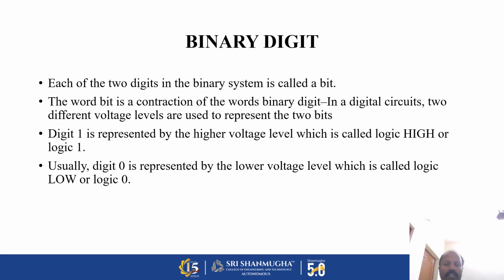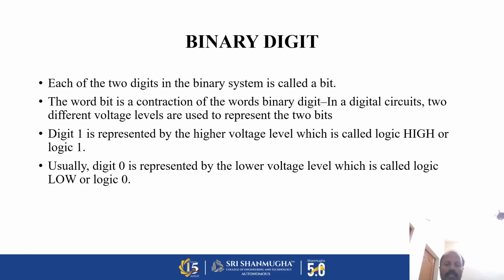First, we will see about binary digit. Each of the two digits in the binary system is called a bit. The word bit is a contraction of the words binary digit. In a digital circuit, two different voltage levels are used to represent the bits.